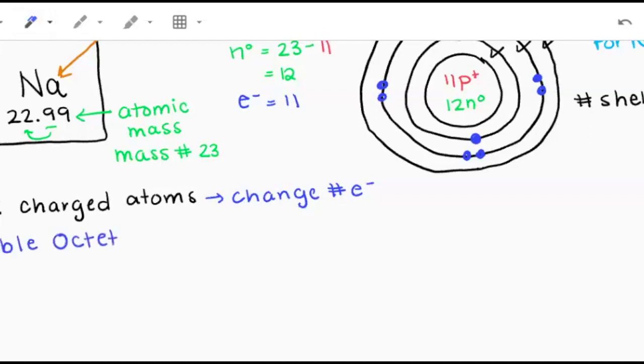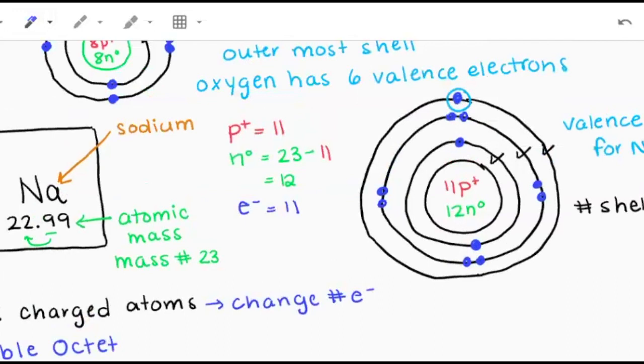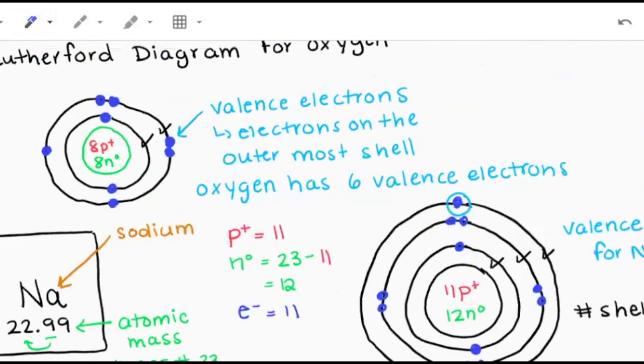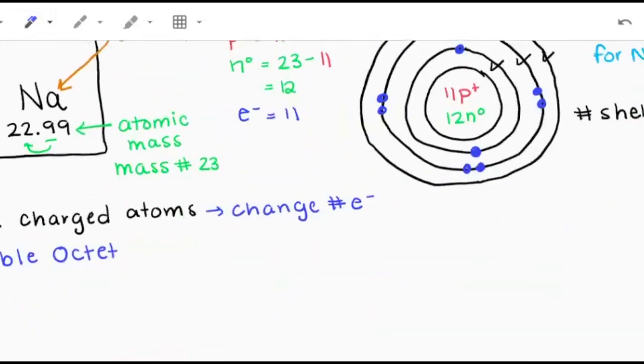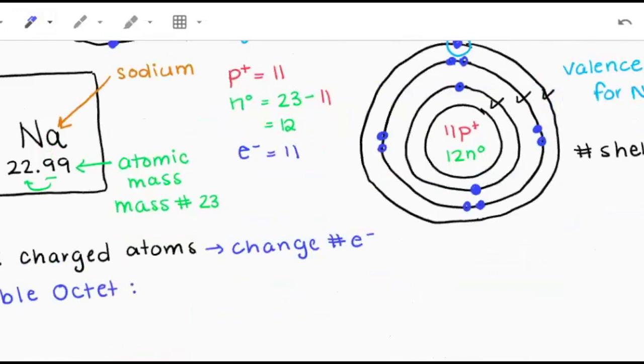So like we see here with nitrogen, nitrogen only has 1 electron in its outer shell. Oxygen has 6 electrons in its outer shell. Atoms will join with other atoms to create what's called a stable octet. And a stable octet means max number of electrons in outer shell.